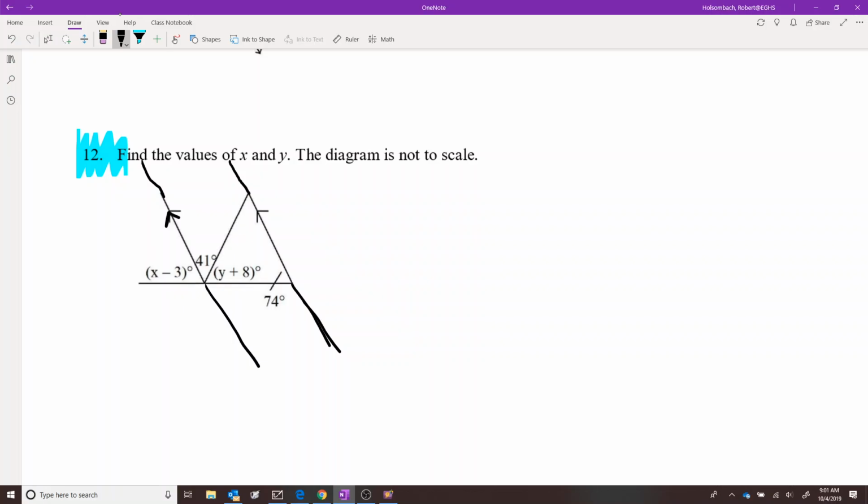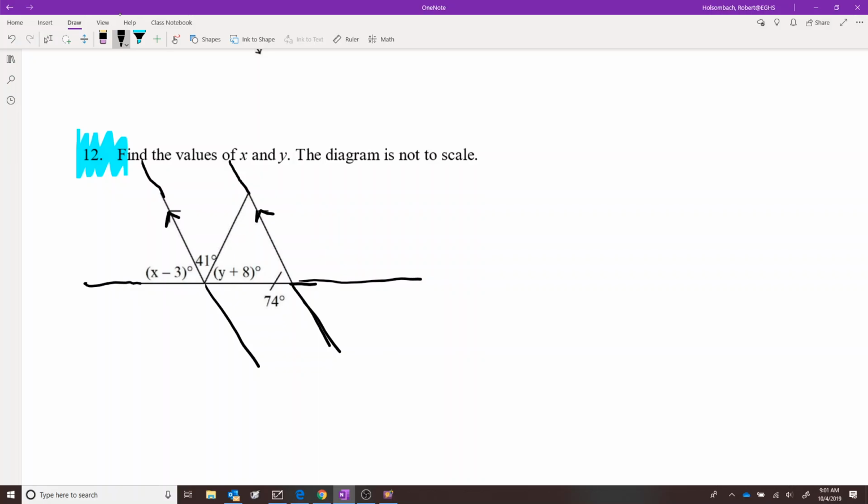They're parallel to each other. And this line right here is a transversal because it intersects them both.